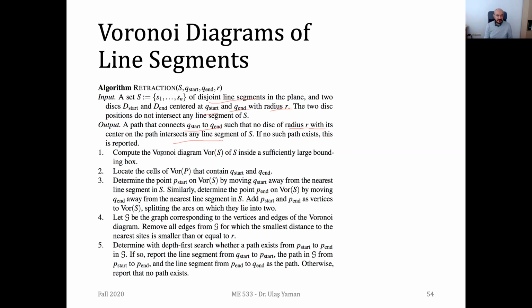So what we do is first complete the Voronoi diagram and then locate the cells in which the Q start and Q end points reside. Then we move our robot to the start point a little bit and try to find the path by doing a depth first search. If you come up with a solution, then you can simply output this path. But if you don't have any, then you can say that we don't have such a path.